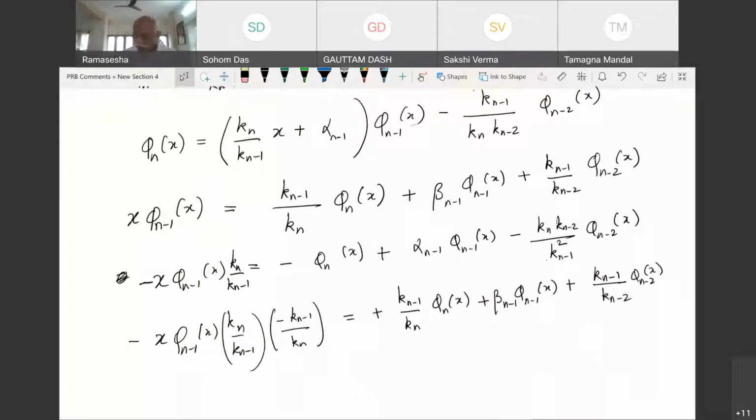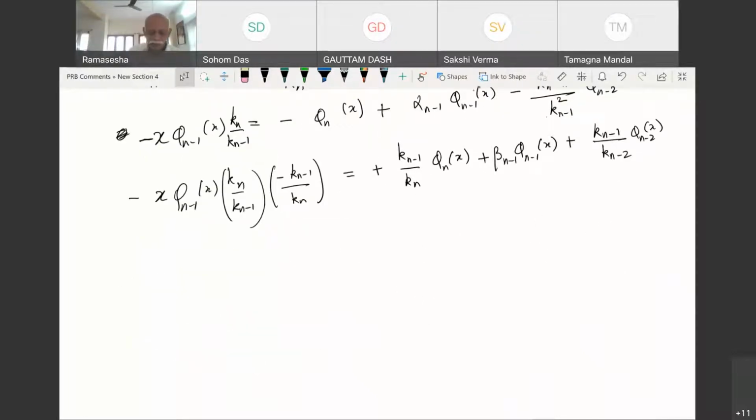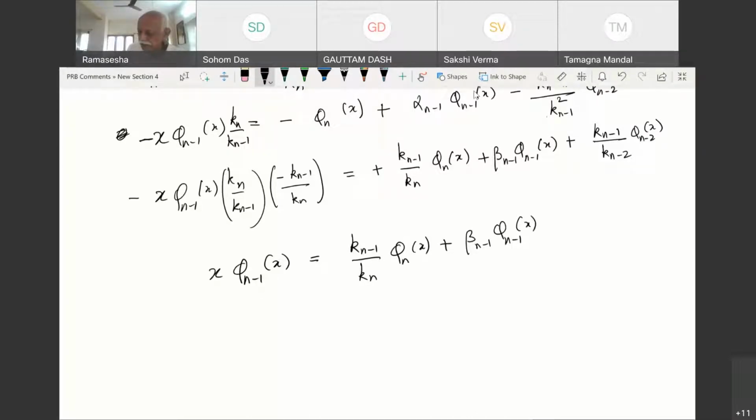So now what you will see is the following. You get xpn is equal to kn minus 1 upon kn pnx plus beta n minus 1 pn minus 1x plus kn minus 1 upon kn minus 2 pn minus 2x, for a normalized orthogonal polynomial.